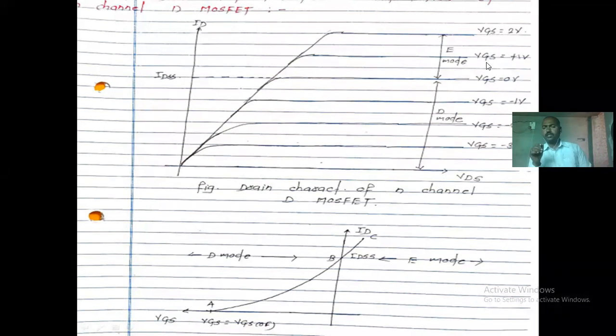That is why at VGS equal to 1 volt there is more current than at VGS equal to 0. This happens because we apply a positive voltage across the gate, and the positive voltage causes the P substrate to give up some of its electrons.